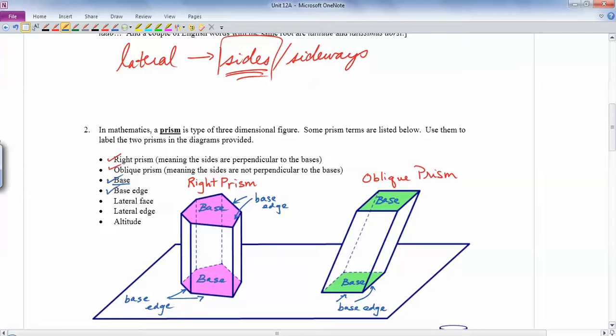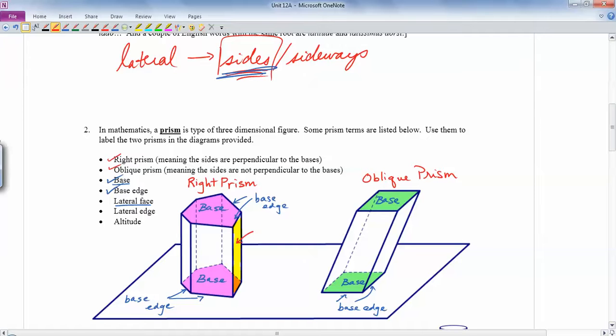Lateral face. Remember lateral means sides, right? So lateral faces are the sides of the thing. I'll highlight a couple here, like this one. That right there would be a lateral face. Or the one in the back here, that would be a lateral face. There are a bunch of them. So I'll label this one here.